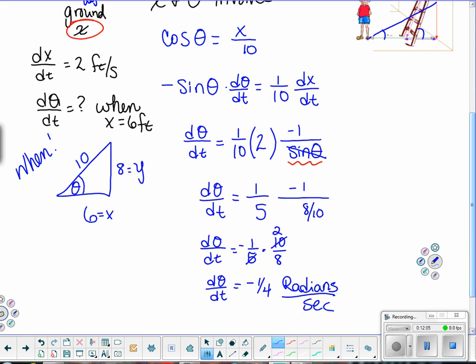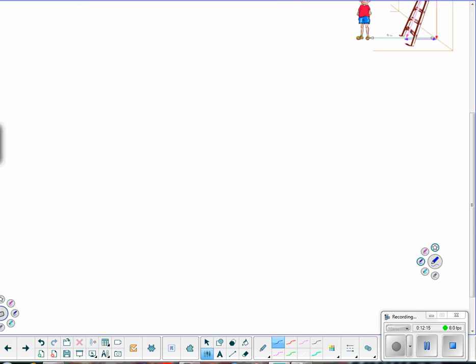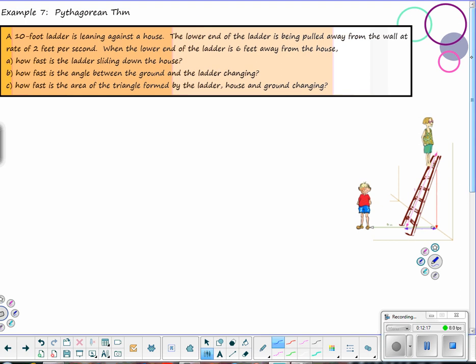All right, part C. How fast is the area of the triangle formed by the ladder and the ground changing? We can do an area problem. I'm going to clear my screen again. So the last portion here, part C, we're working with the area of a triangle. We still have many of the same conditions going on.